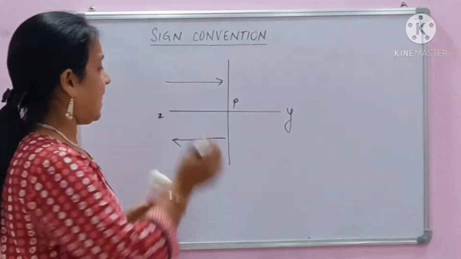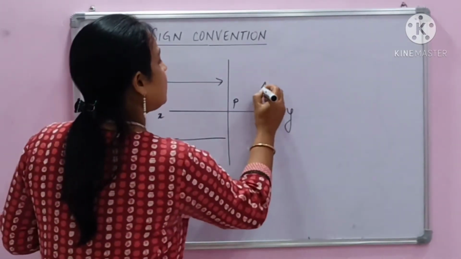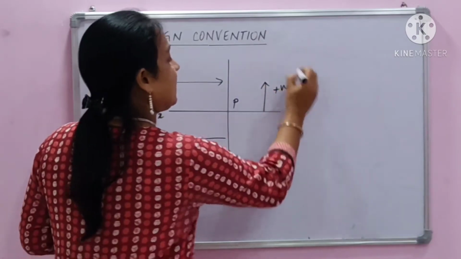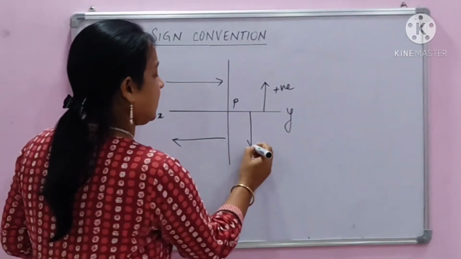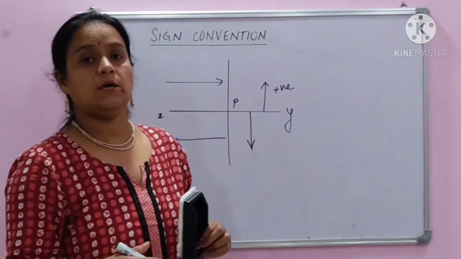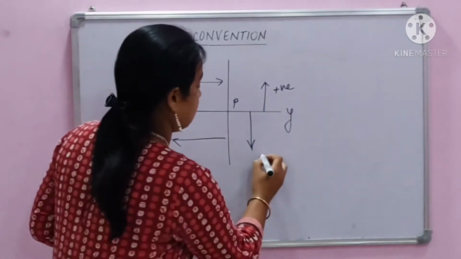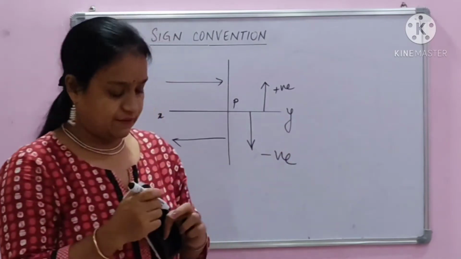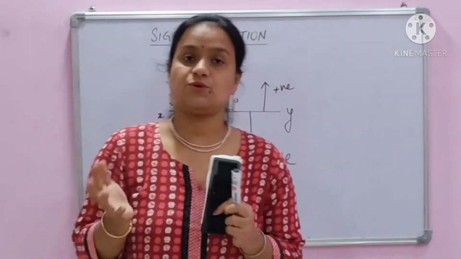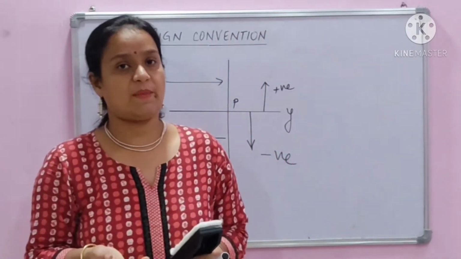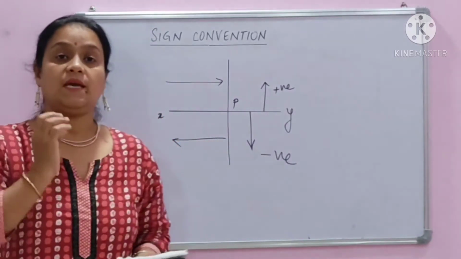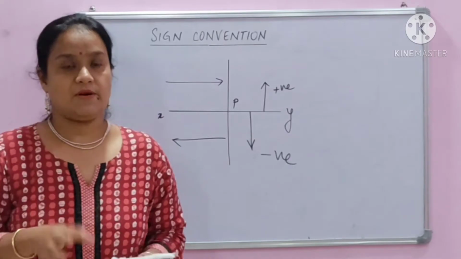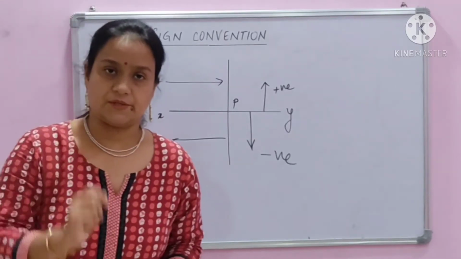Second point, anything which is above the principal axis is taken as positive and any height which is below the principal axis is taken as negative. So these are the 4 points related to sign convention that we have to remember while we apply this in solving numericals related to spherical mirrors.